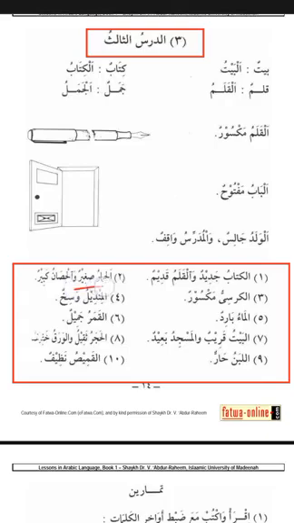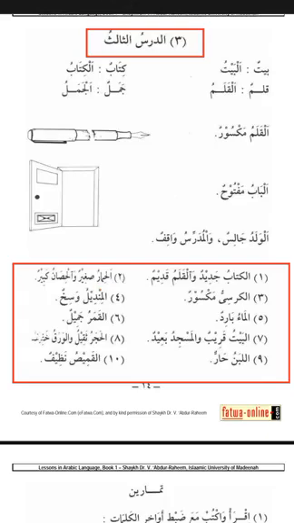Al-himaru saghirun wal-hisanu kabirun. Al-himar, the donkey, is small or short. Wal-hisanu kabirun, and the horse is big or tall.